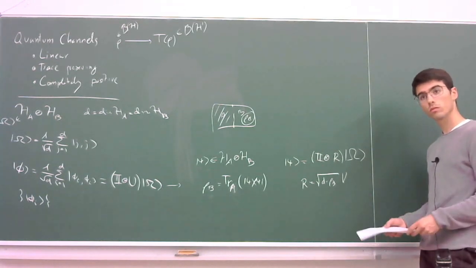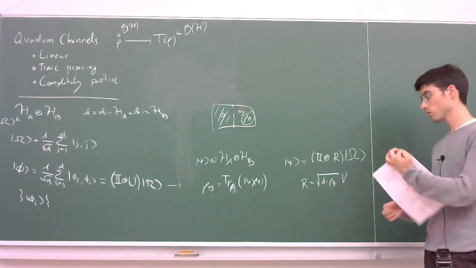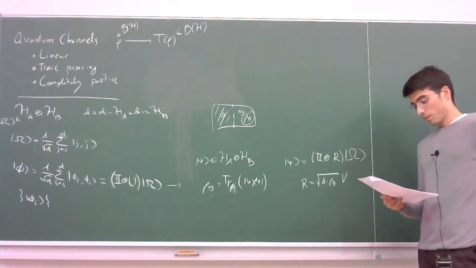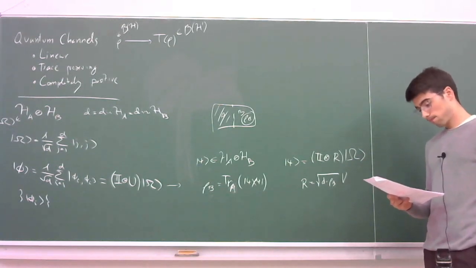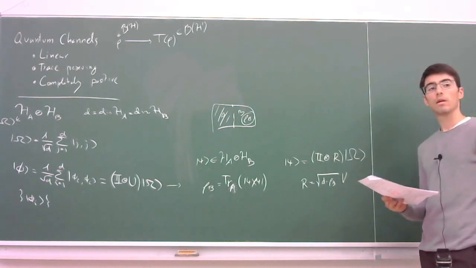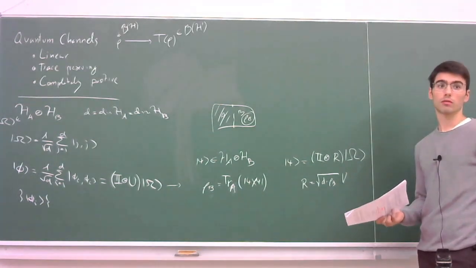So the state C constructed in this way is a purification of rho B. So now if you take C and trace out the A part, you will recover rho B. I can enter into details if you want.